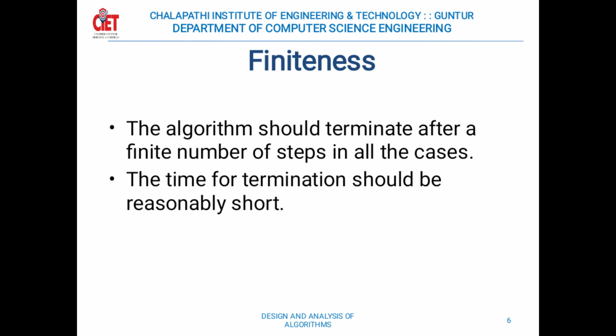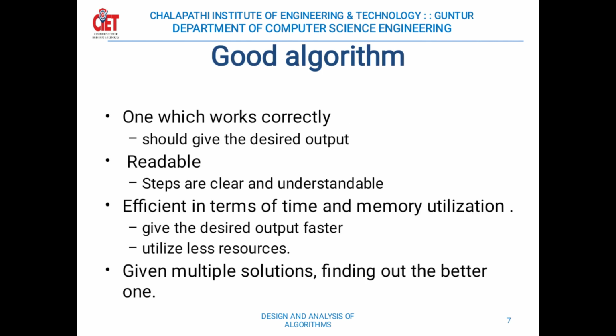Finally, an algorithm is said to be a good algorithm or an optimal algorithm when it possesses the following properties. First, it works correctly. Correctly means when it produces the desired output, then only we say that it is correct.